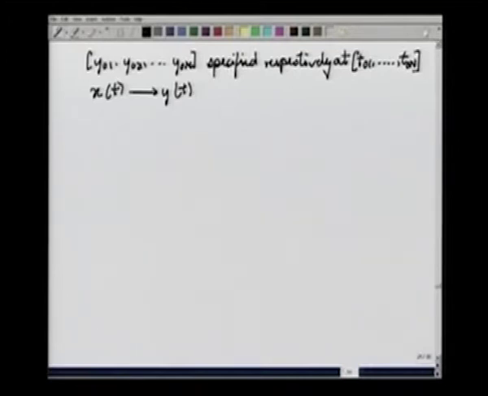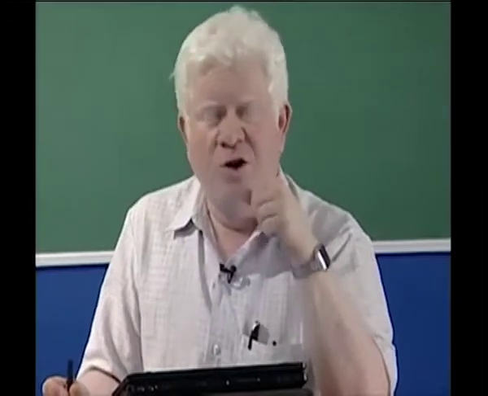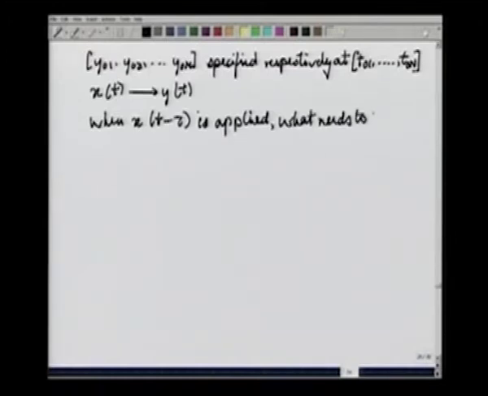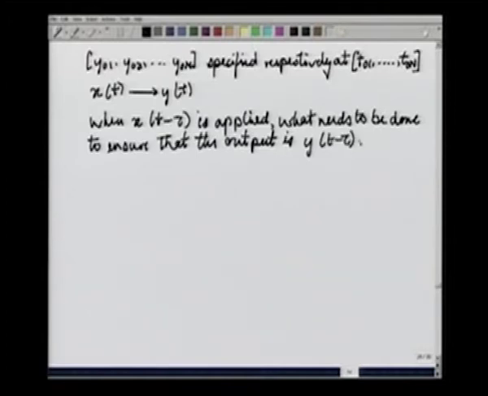The question we have to ask is, what do we need to do to ensure that when x t minus tau is applied, instead of xt, the output is yt minus tau? What needs to be done?